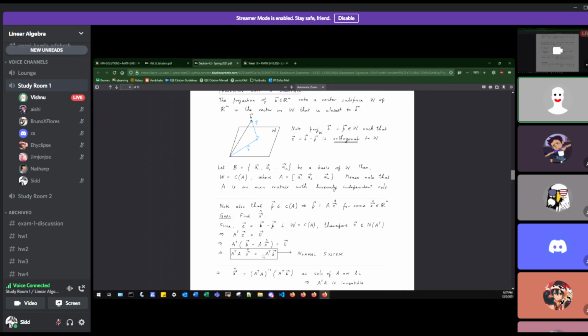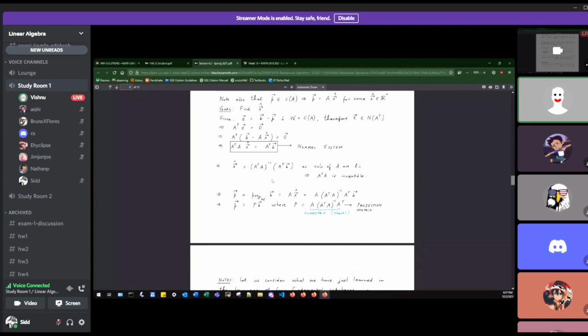We multiply both sides by A transpose. So A transpose A x hat equals A transpose B. And so x hat would equal the inverse of A transpose A times A transpose B.